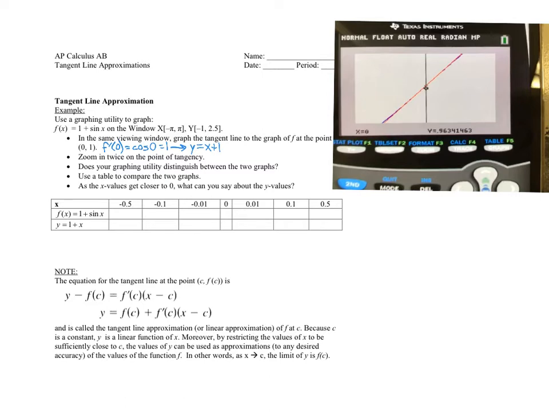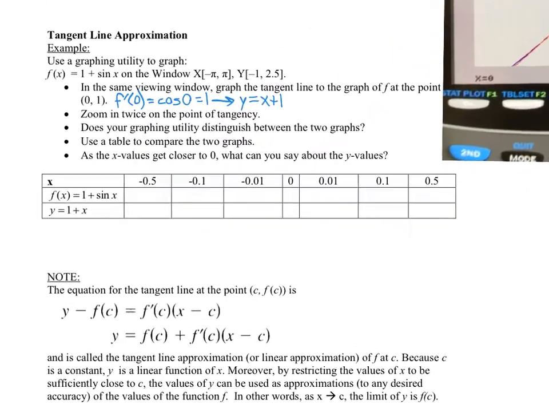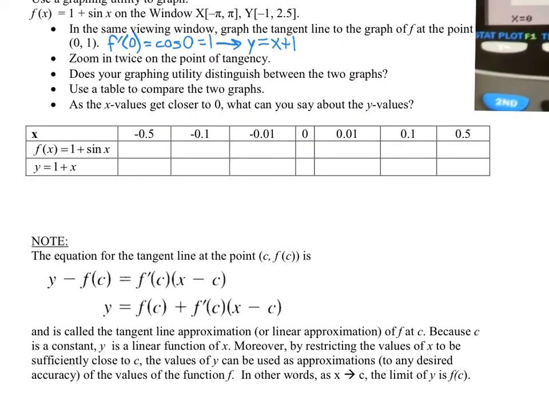Now, if we were to use this table, we can obviously fill in the second line just from what we know. If we do 1 minus 0.5, it's 0.5, 0.9, 0.99, 1 minus 0 is 1, 1.01, 1.1, 1.5, okay? But let's actually use our calculators.